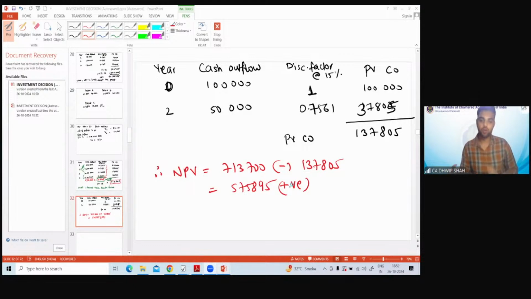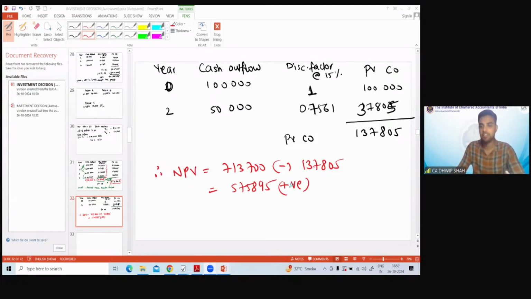So, you understood how to calculate PVCI when cash inflows per annum are uneven, not constant. In that case, prepare the table, prepare the chart, prepare the format. But when cash inflows per annum are constant, then simply multiply by the PVAF factor and you will get the answer. Okay?